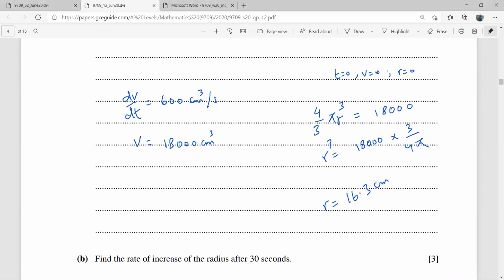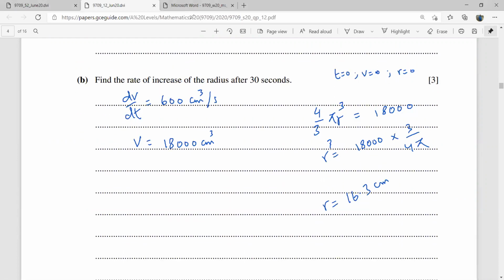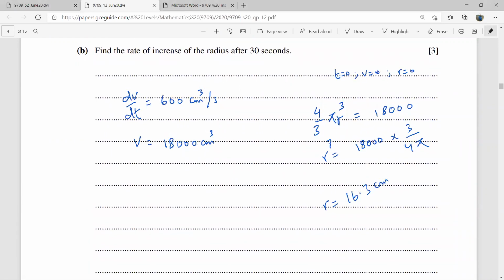Let's see what is there in the second part. Find the rate of increase of the radius after 30 seconds. So we need to know dr by dt when the time is 30 seconds. This is a simple question on rates of change.